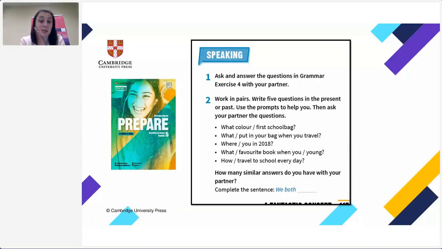And exercise number 2 that you can see here: work in pairs, write 5 questions in the present or past, so we can have a grammar choice. Use the prompts to help you, then ask your partner the questions.